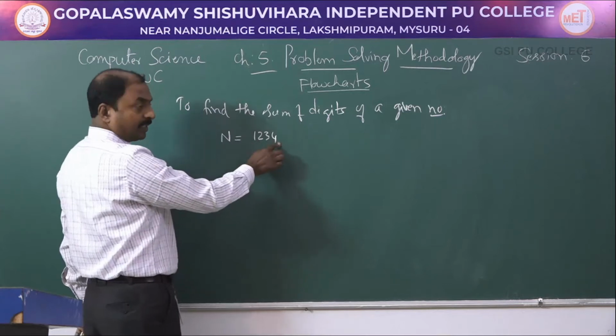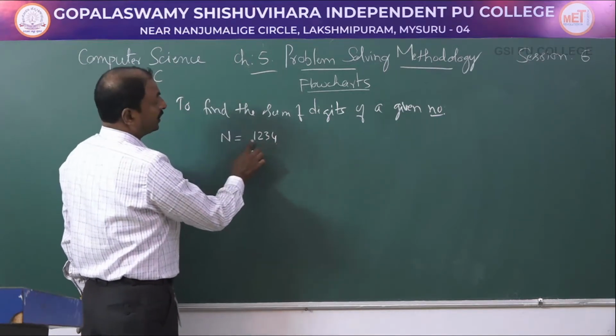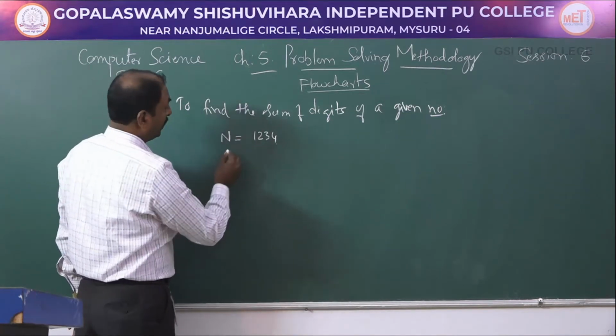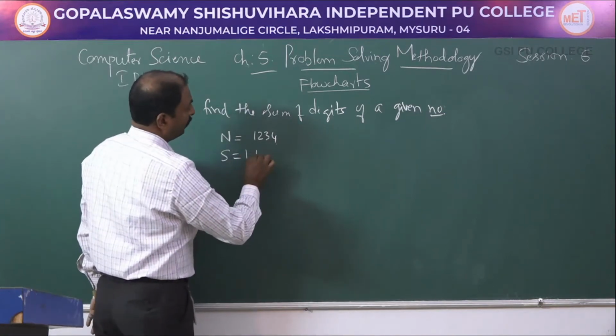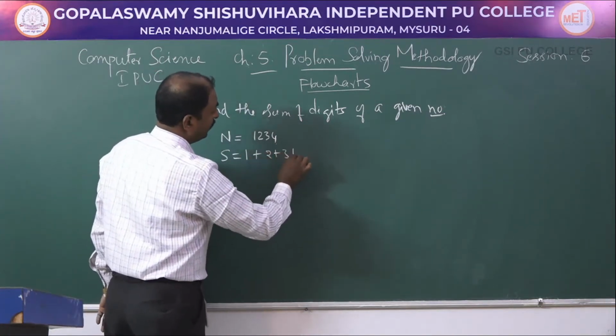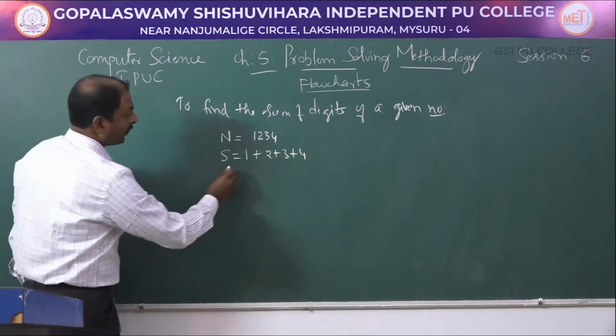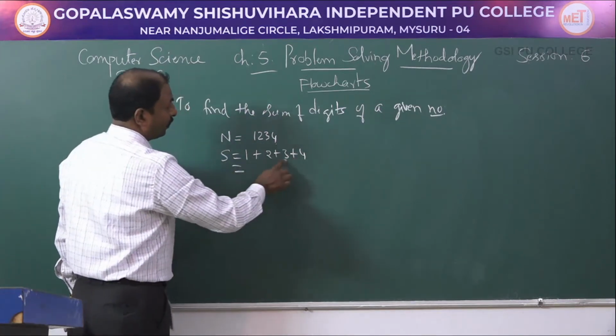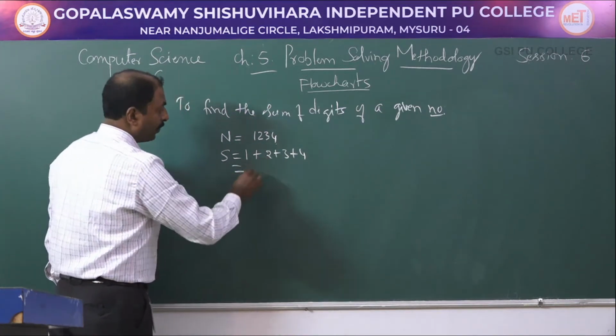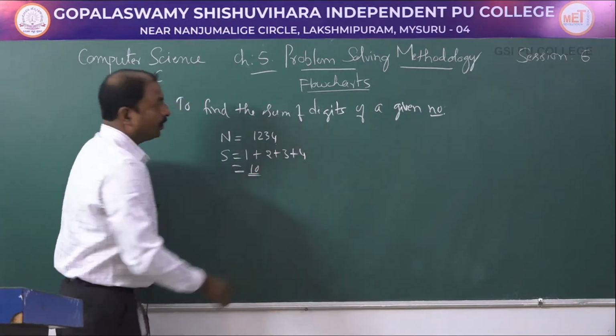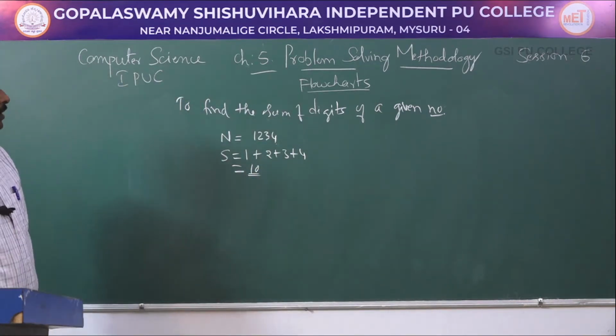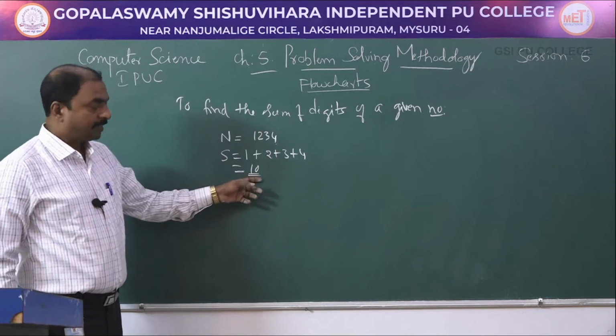It has 4 digits. So we have to find the sum of all the 4 digits. Sum must be equal to 1 plus 2 plus 3 plus 4, that is equal to 10. So your program should give the result as 10.